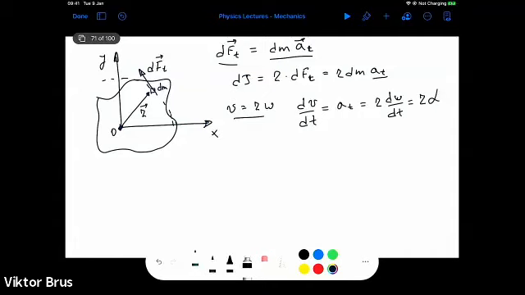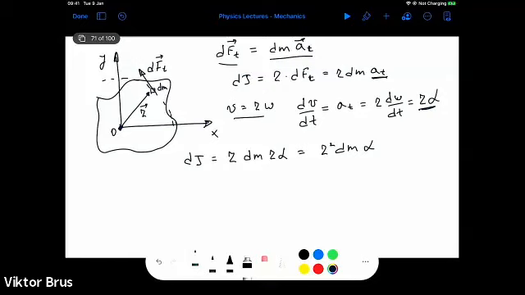Okay, so let us now substitute this linear tangential acceleration by its expression via angular acceleration. So we can write that d tau is equal to r dm times r alpha, so we actually get r squared dm times alpha.